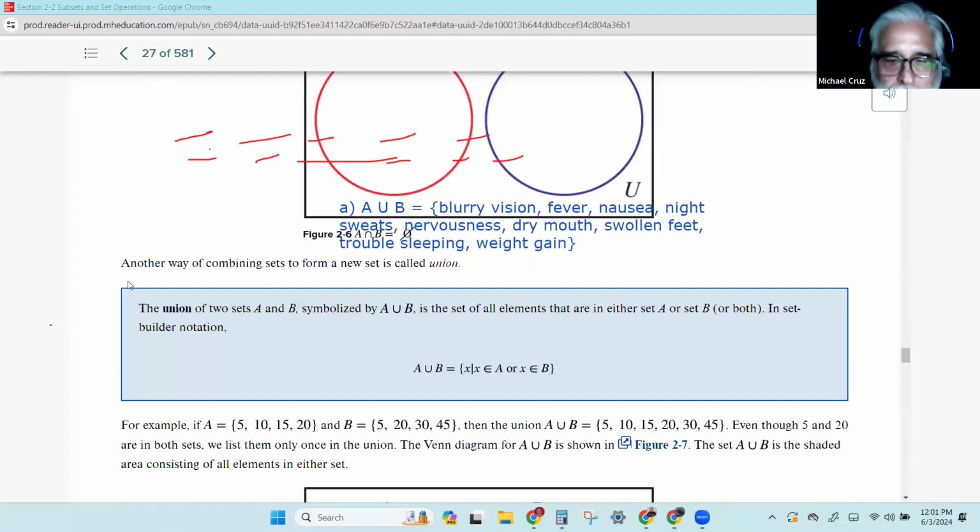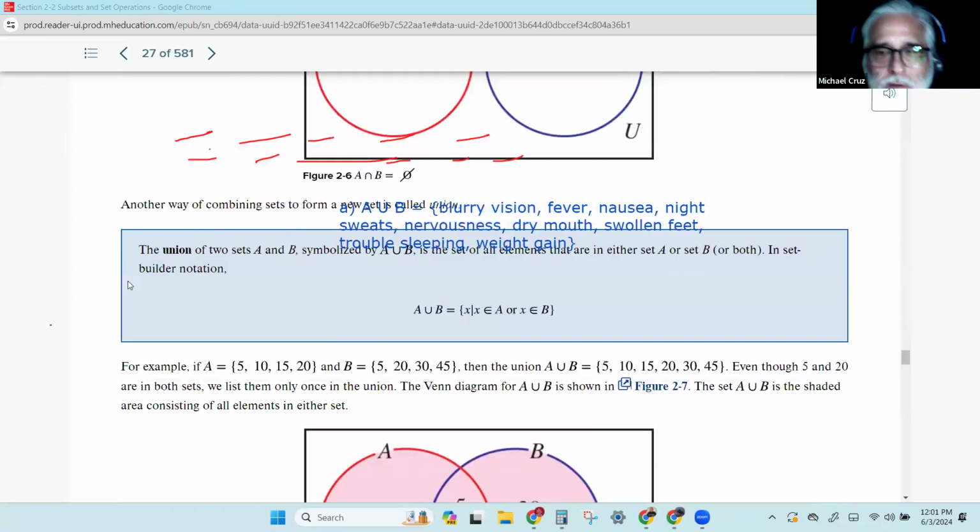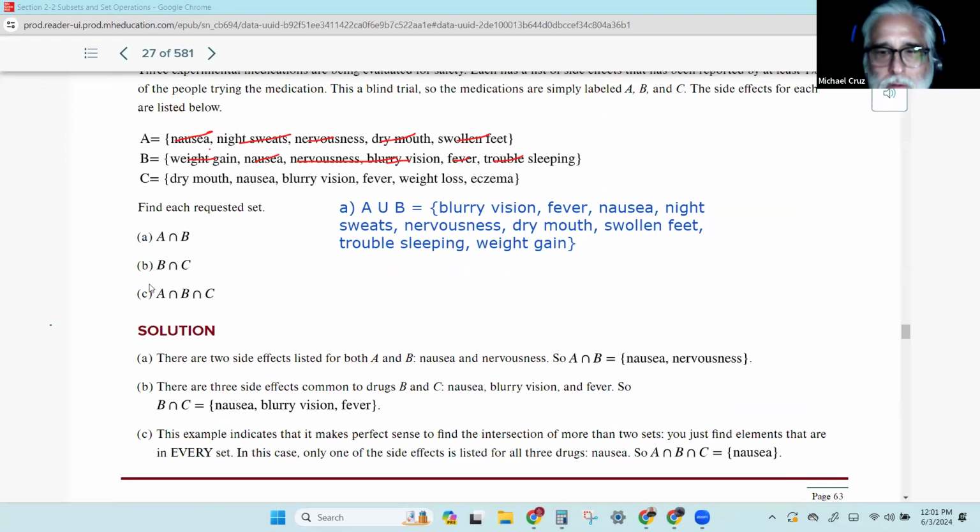So what was the other one? It was A union C. All right. So the union of A and C, I'm sorry, B and C, it's going to be everything in B and C. So I'm going to try to do them in order just so I can double check them a little bit better.